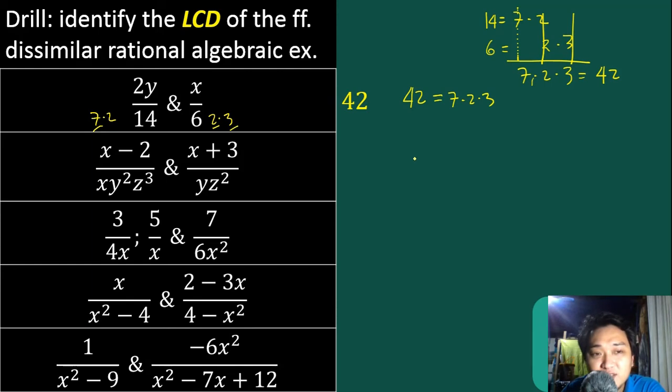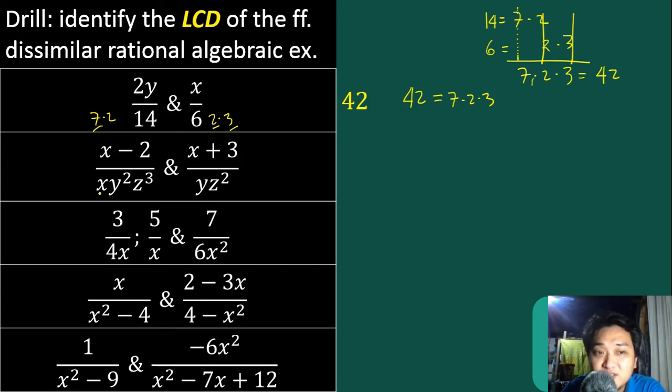Okay, let us try the second example. xy squared, x minus 2 over xy squared z cubed, and x plus 3 over yz squared. What is the LCD? The least common denominator. Take note, dapat walang redundancy. Pag mga variables yung mga denominators natin, mas madaling kunin yung LCD. Kasi pipiliin lang natin yung pinakamalaki yung exponent.